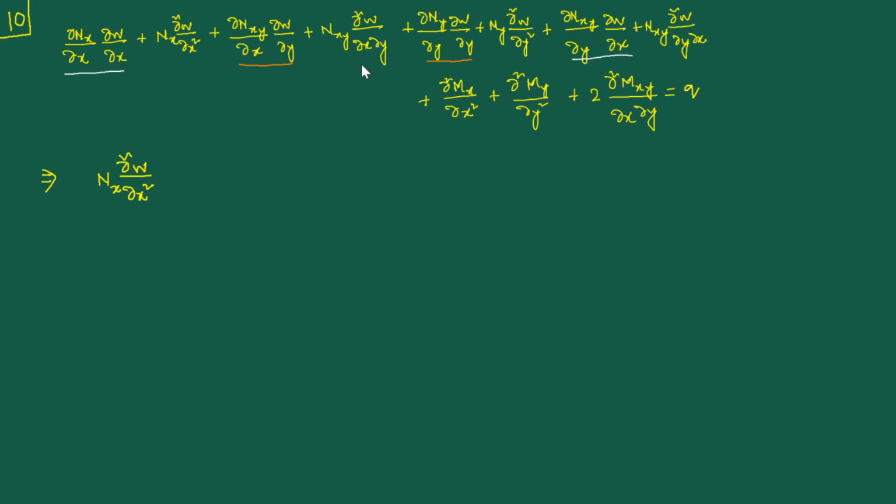Then I have this one, but I'll club this one and this one. So together I have twice nxy del square W del x del y plus this ny del square W del y square, and then I'll have these terms.